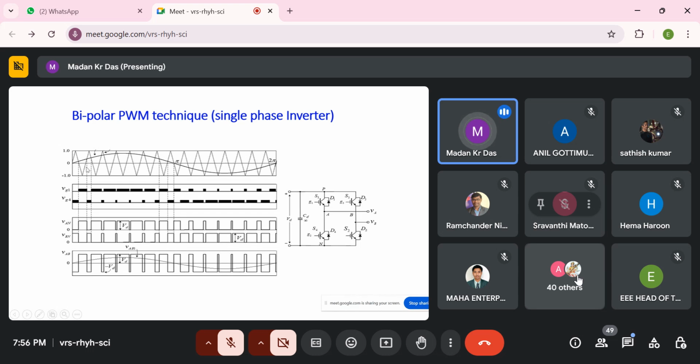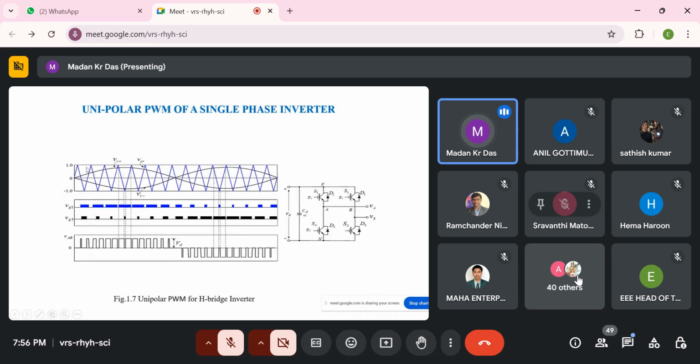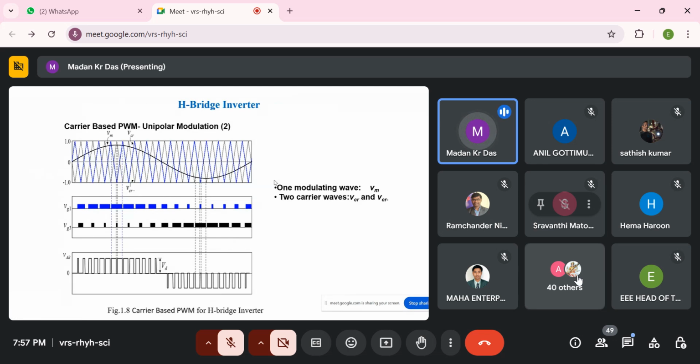The unipolar technique compares two sine waves with one triangle signal to generate pulses. For the H bridge inverter, we discussed two carrier signals compared with one sinusoidal signal to generate the H bridge pulses.